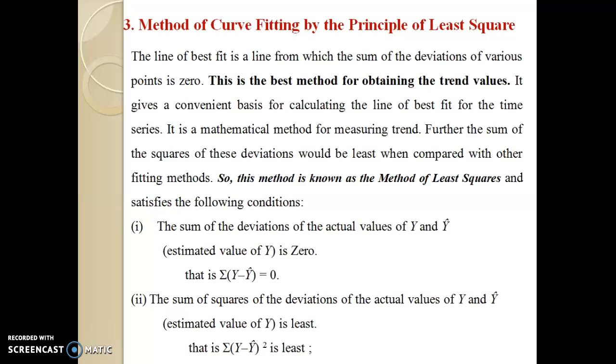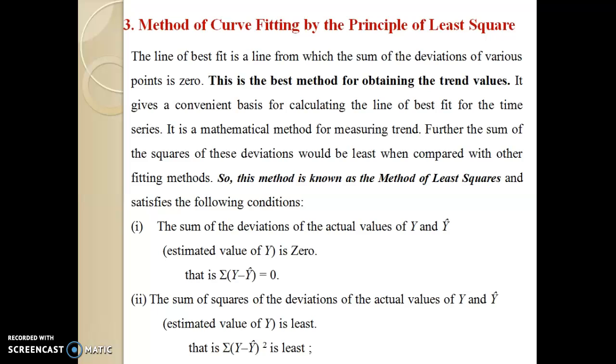This is the best method for obtaining the trend values. It gives a convenient basis for calculating the line of best fit of the time series. Also, it is a mathematical method for measuring trend. Further, the sum of squares of the deviations would be the least when compared with other methods. So, this method is known as the method of least square.